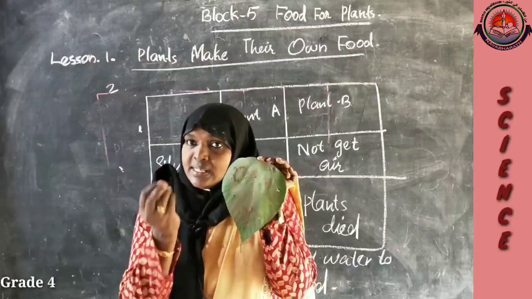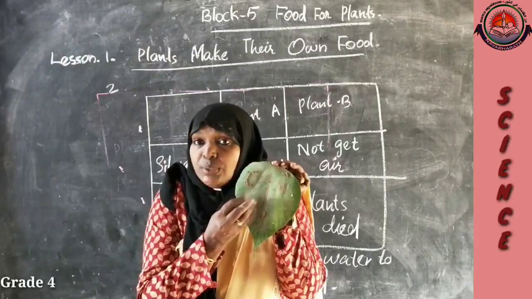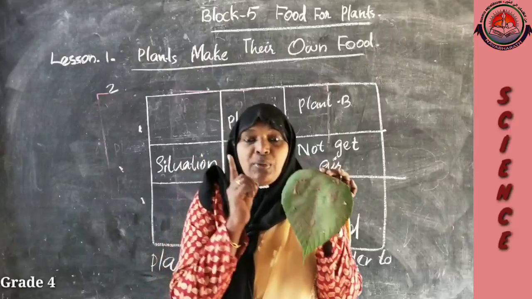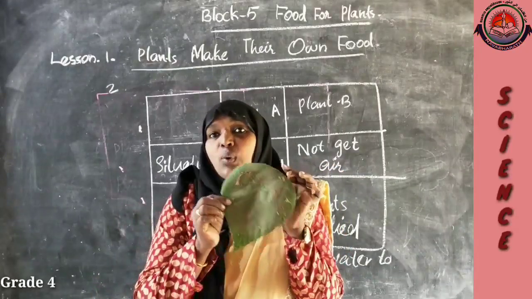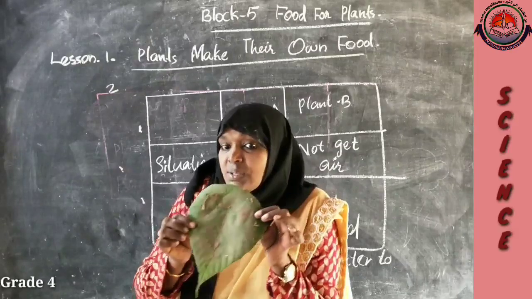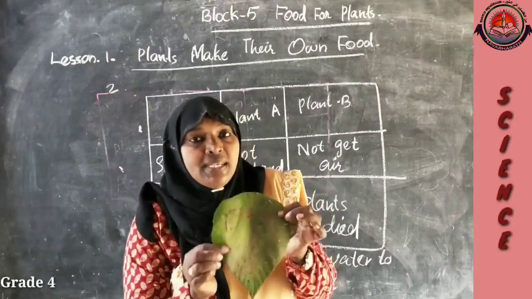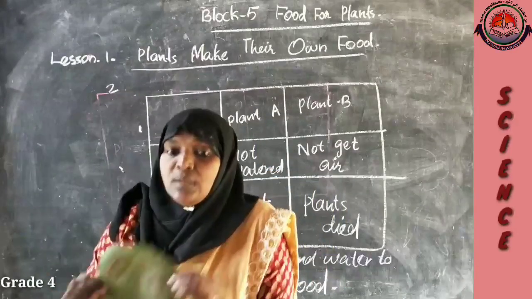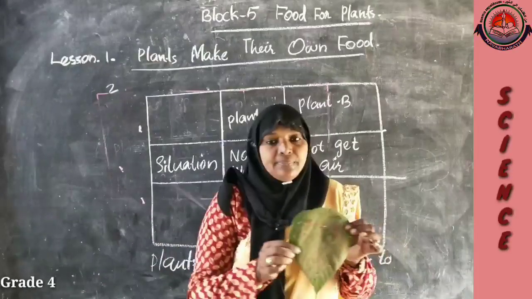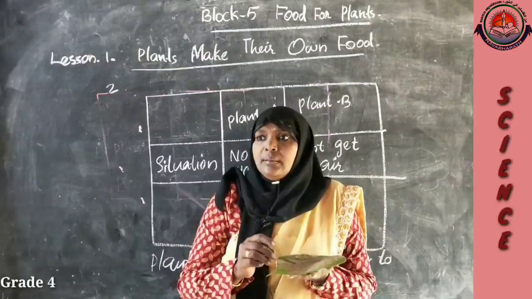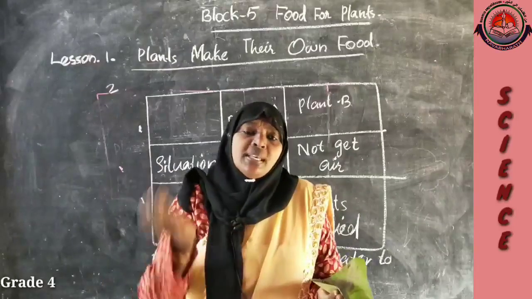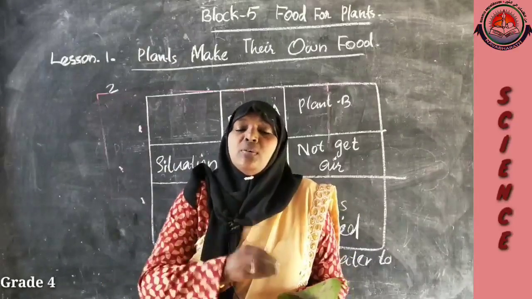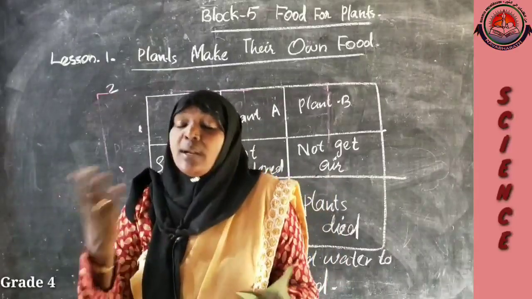The air enters through these stomata. So, when we block these holes, the leaves will not be able to take in air to make food for the plants. Then what happens when we water a plant too much? Every time we have to give water to the plants. What happens?